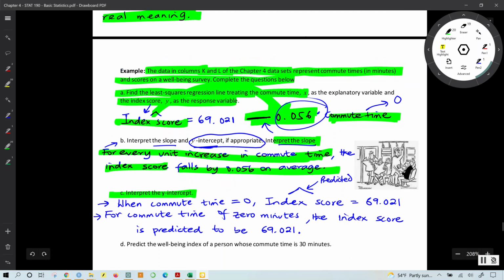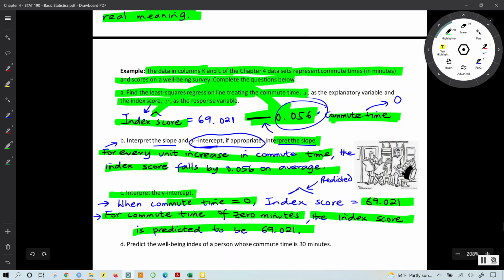The main question we should ask here is, can the commute time be 0? What about those who work from home? Well, this makes sense. And so, for a commute time of 0 minutes, the index score is predicted to be 69.021.